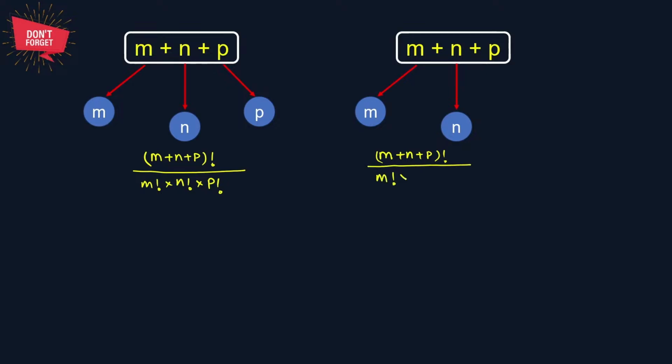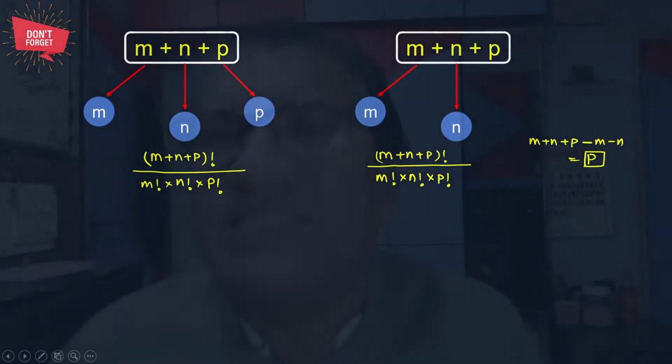It will be factorial M into factorial N. But you cannot stop here. Unknowingly a group is formed which will consist of M plus N plus P minus M minus N, that is, P objects in that unknown group. So that also has to be divided. Is it clear? Have you understood this problem clearly?